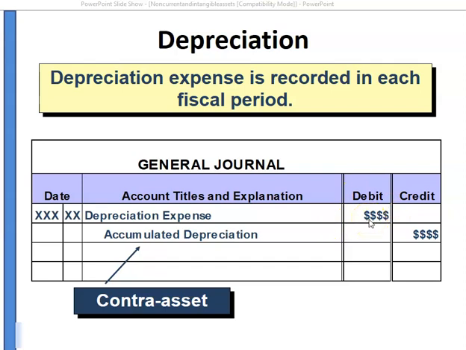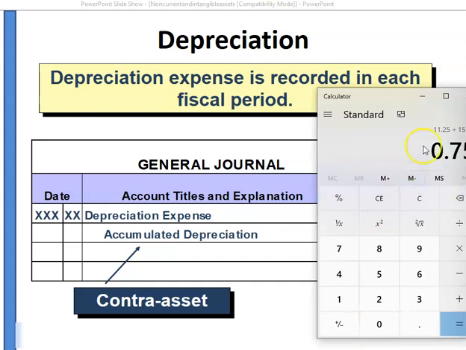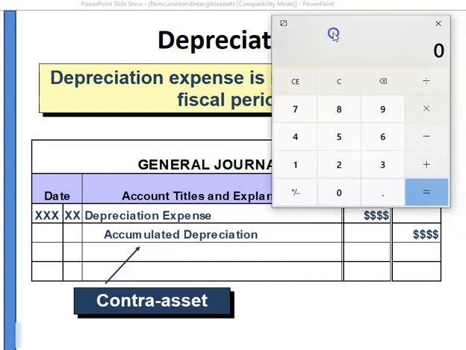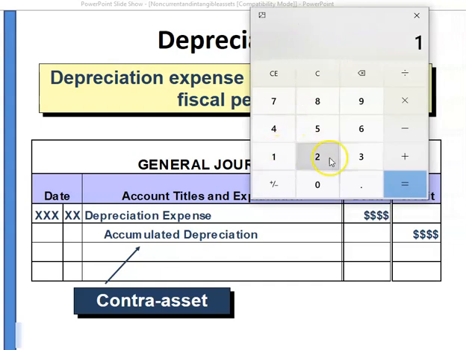Let's just see here. Let's just say that we had a $130,000 building, and let's just say that $120,000 of that was depreciable.